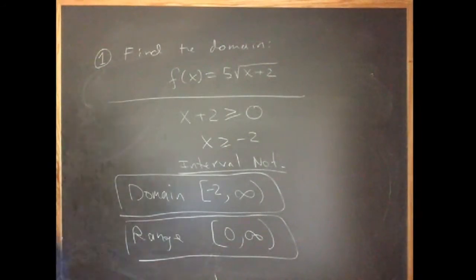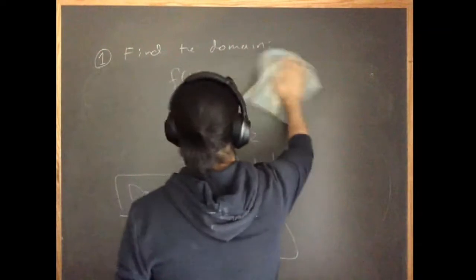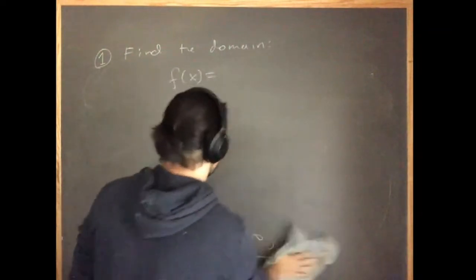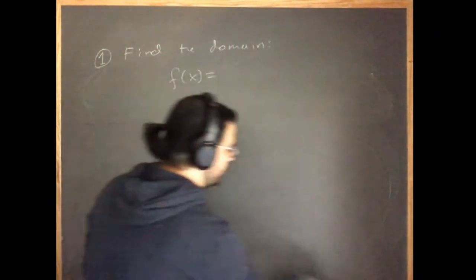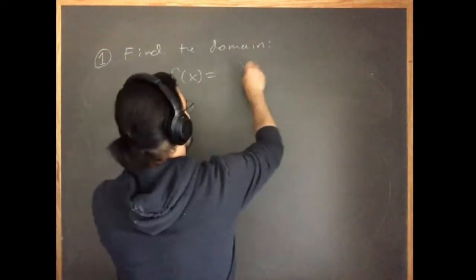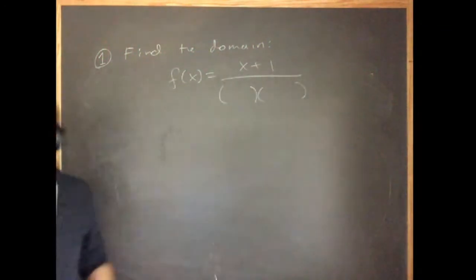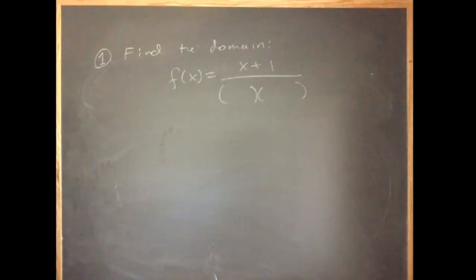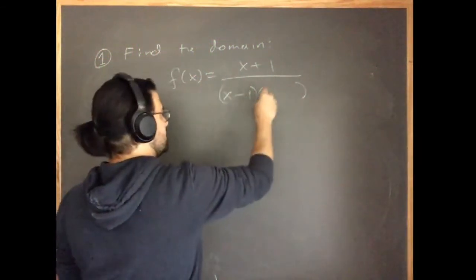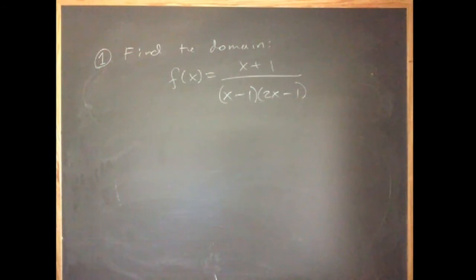So let's change this problem slightly and talk about a rational function. Okay, and this rational function here is going to be x plus 1 divided by, and I'm going to factor it for you down here so we don't have to really think about factoring, but it may be given to you sort of foiled out, x minus 1 and 2x plus 1.